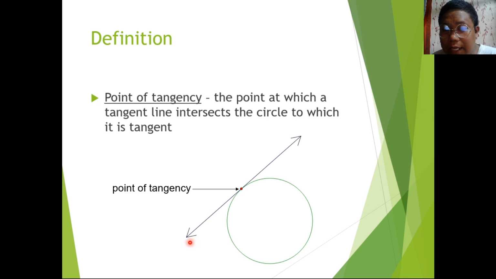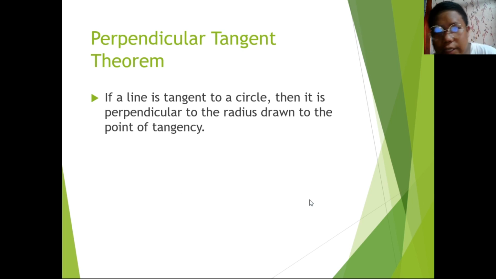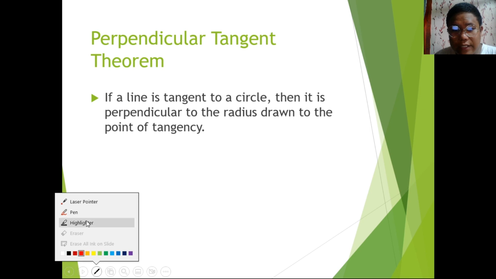So, if this line is a tangent passing at exactly one point of the circle, then the point it intersects is what we call the point of tangency. Okay, so let's go now to the perpendicular tangent theorem. The perpendicular tangent theorem states that if a line is tangent to a circle, then it is perpendicular to the radius drawn to the point of tangency.